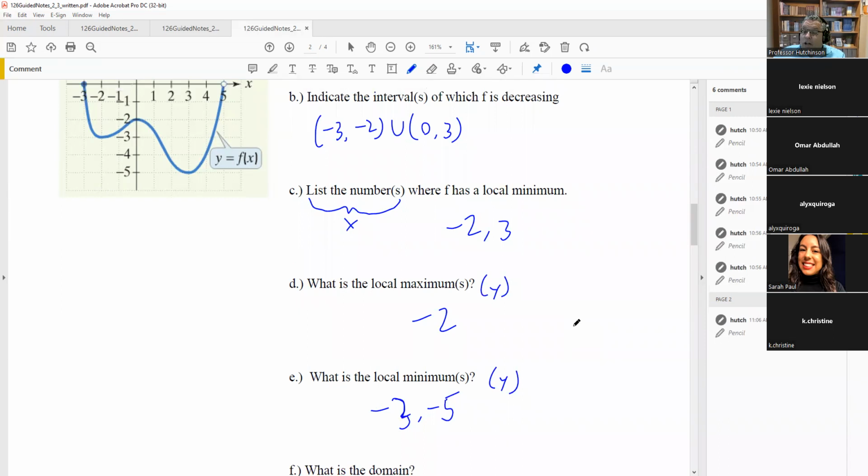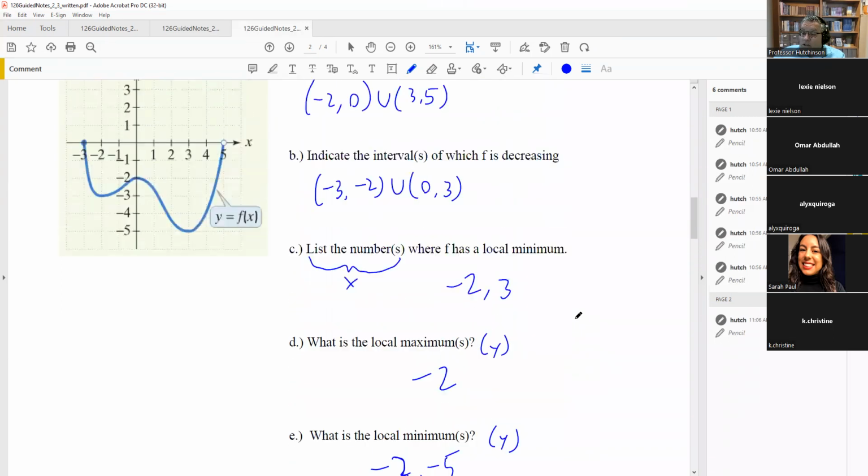Now, the last thing we have on here is domain and range. Let's go ahead and answer those over here instead. I'm going to do F, the domain. I'm going to do it here because it's easier to see since we've got the graph shown already. Domain is talking about the x values that the graph uses.